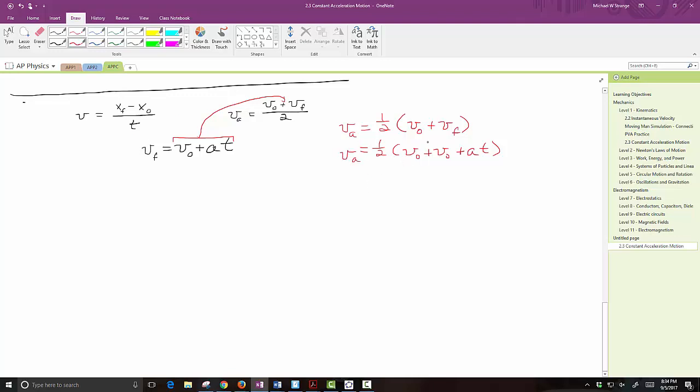And then doing the arithmetic, we get that the velocity is going to be equal to 1/2 of 2 V naught plus acceleration times time, which is V naught plus 1/2 a t.